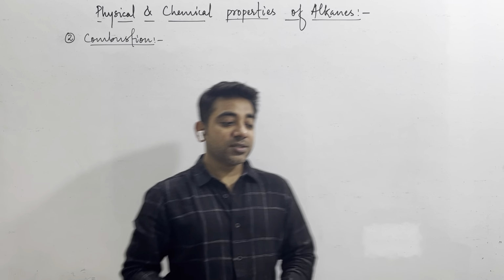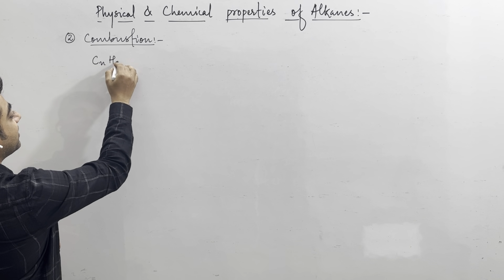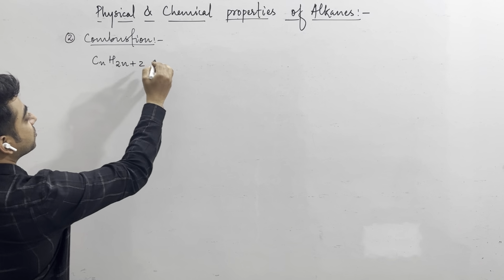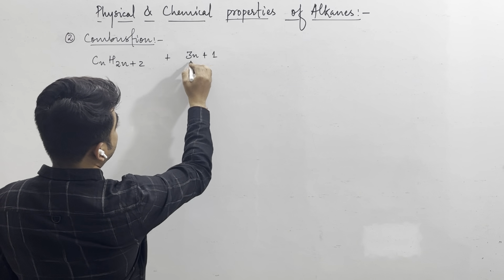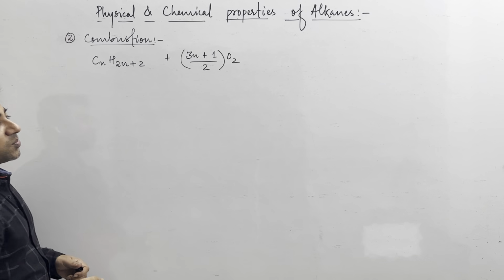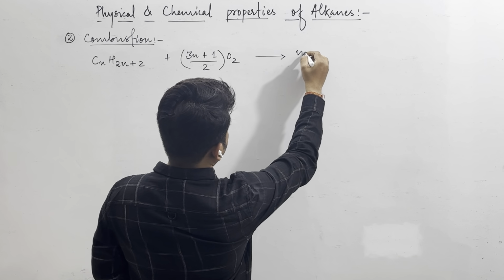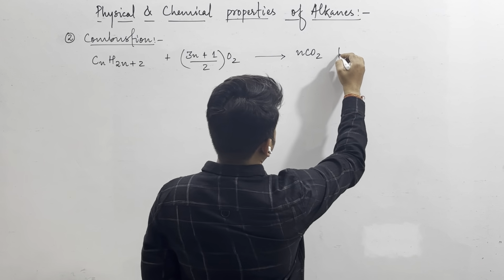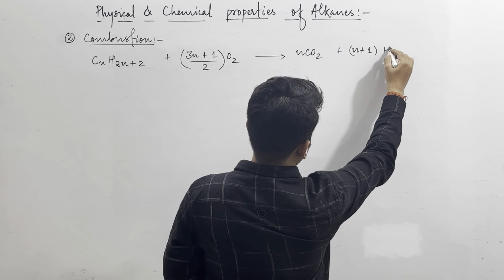So the combustion reaction of alkanes, the general reaction for that can be written like CnH2n+2 plus (3n+1)/2 O2. This will be taking this much mole of oxygen and will be giving n number of CO2 plus (n+1) H2O.